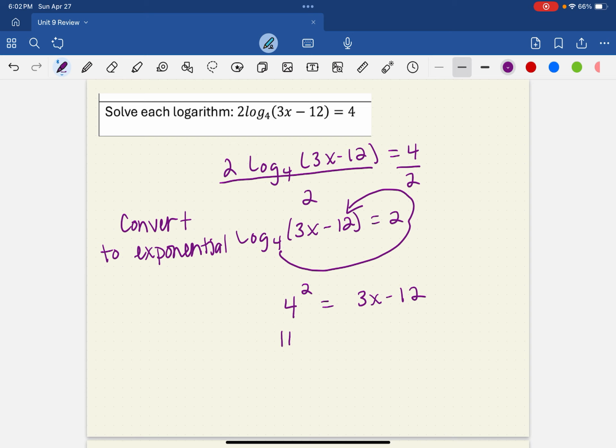It is 16. 3x minus 12. So then I am doing plus 12 plus 12. So 28 equals 3x. And this is not going to divide nicely, so we're going to leave it as a fraction. So x equals 28 thirds. We can't simplify.